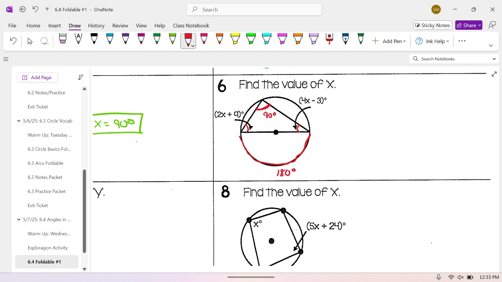A triangle. What's special about a triangle? It equals 180 degrees. So, if this is a triangle right here, even though it's in a circle, the rules of the triangle still apply. So, a triangle is equal to what? 180 degrees. So, this entire triangle is equal to 180 degrees. So, how would I set up an equation to solve for x?